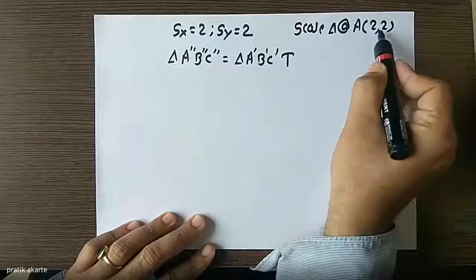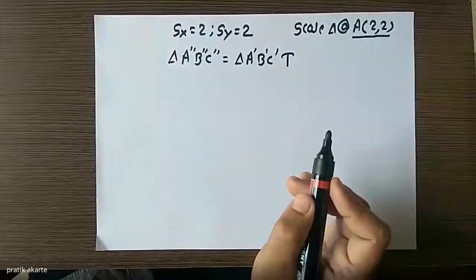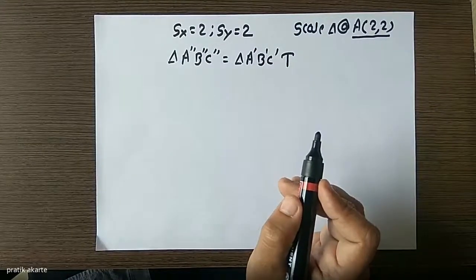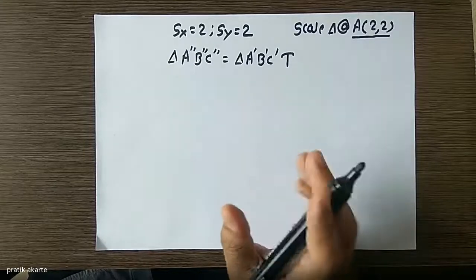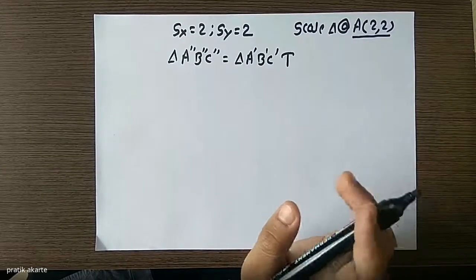So first you have to translate these coordinates to origin, since we cannot scale any entity about any point except origin.